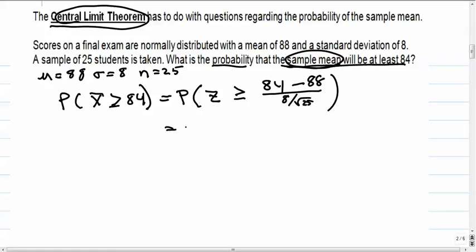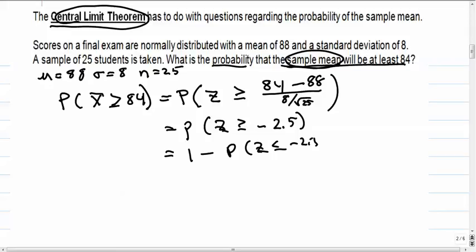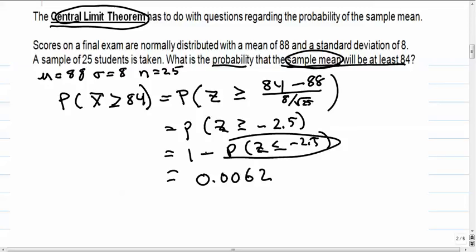Now, if you do your math, this is the probability that z is greater than or equal to negative 2.5. Again, this is going to be 1 minus the probability of z being less than or equal to minus 2.5. If you look that up in the z table, your answer is going to come out to be 0.0062.